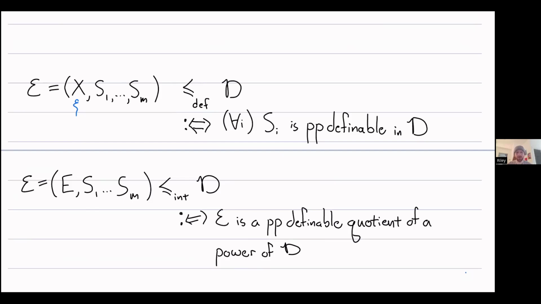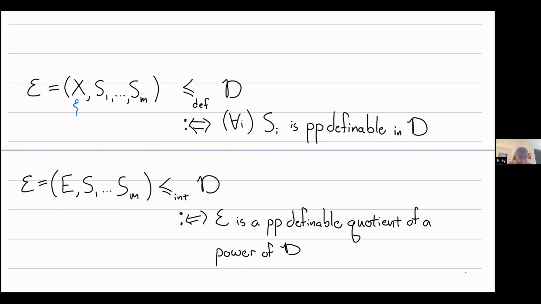If we want to compare structures on possibly different domains, there's a notion of interpretability, which is just the usual model theoretic notion of interpretability, but all of the interpreting machinery has to be PP definable.